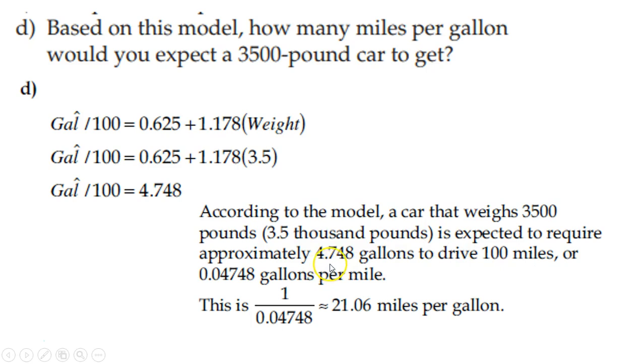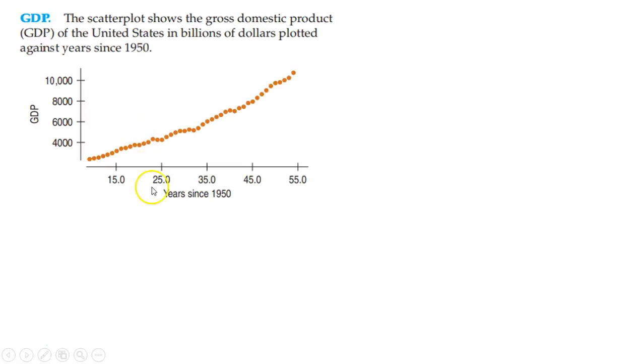That's how many gallons you need to drive 100 miles. Or roughly, per mile, if you divide it, approximately 21.06 miles per gallon is what you would end up getting. But this would have been fine. You didn't have to switch it either way. So it gave us a better linear model to calculate what's going on, basically.